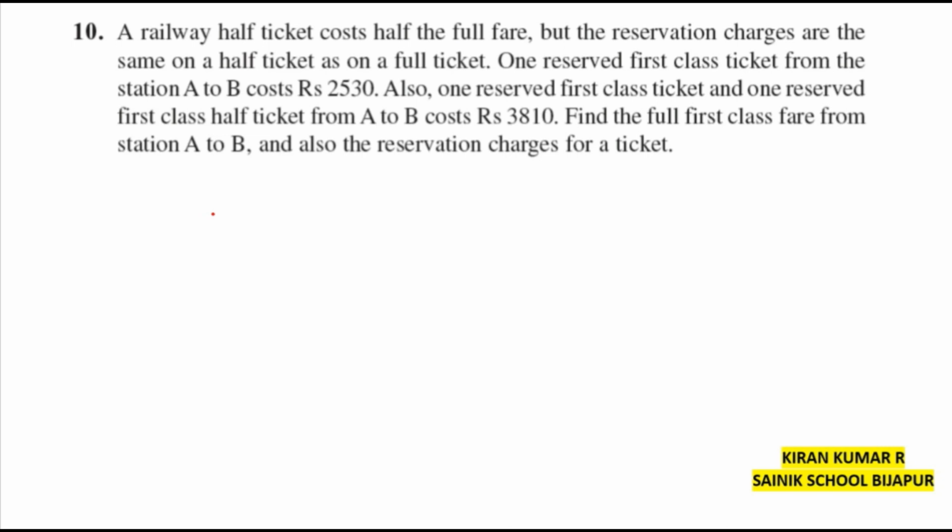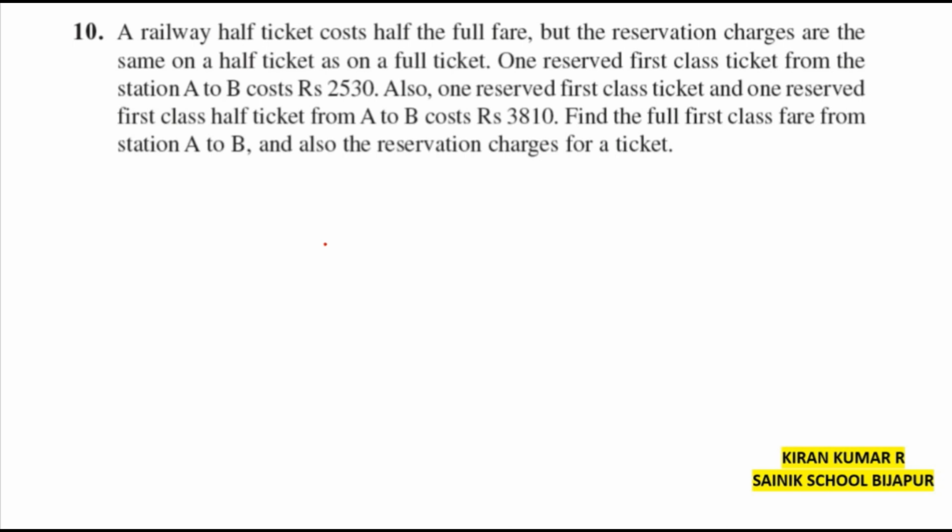Also, one reserved first class ticket and one reserved first class half ticket from A to B costs Rs 3810. Find the full first class fare from station A to station B, and also reservation charges for a ticket.